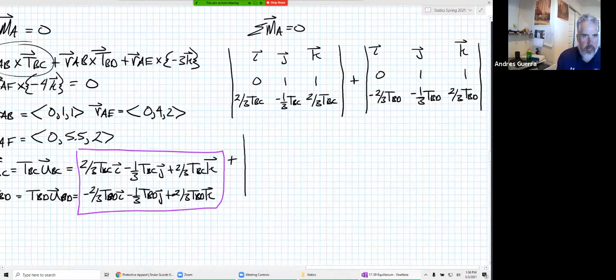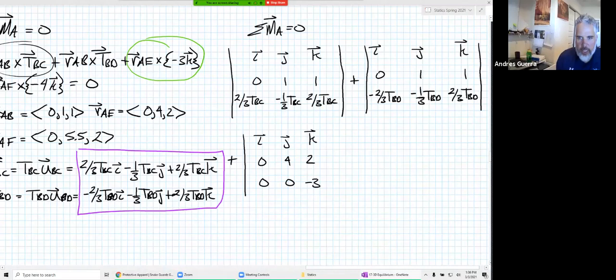cross product here is going to be the RAE cross with our minus 3K hat. So we have our I, J, and K. And then let's see, we're using R from A to E. That's a 0, 4, 2. And then a 0, 0, minus 3.